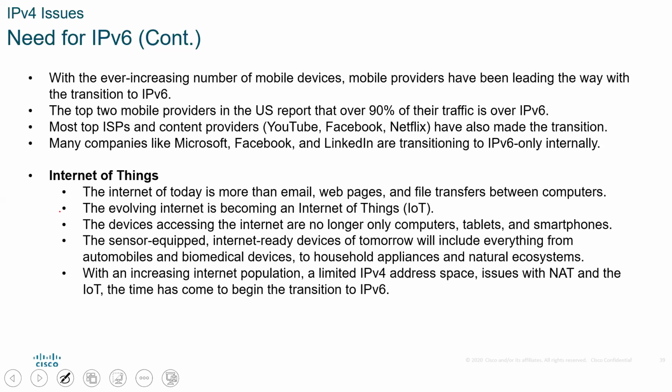Many companies like Microsoft, Facebook, and LinkedIn are transitioning to IPv6 internally, all right? The Internet of Things is another reason. The Internet of Things today means that everything you have will be connected to the internet, and if that is the case, IPv4 will not be enough. So the need for IPv6.